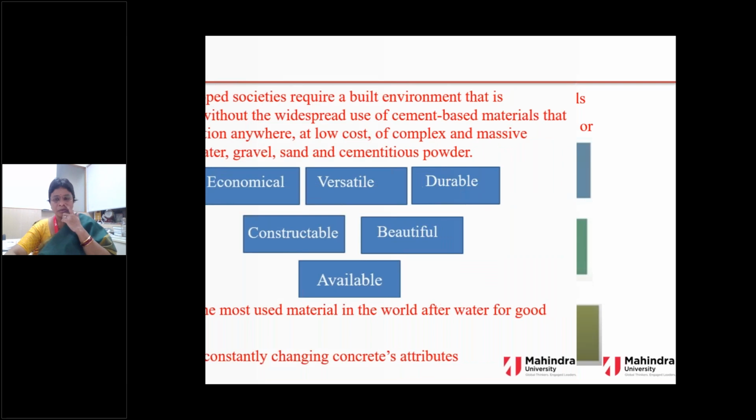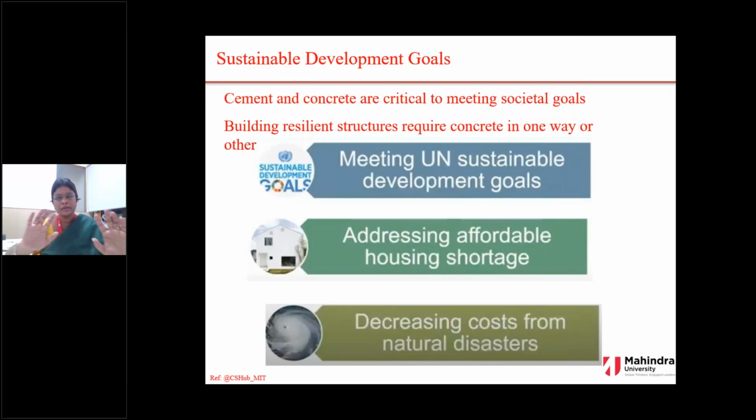Not only is concrete a go-to material for any built environment, but in order to meet the Sustainable Development Goals, or the societal goals, we require concrete. It means that by building resilient structures, we require concrete in one way or the other.